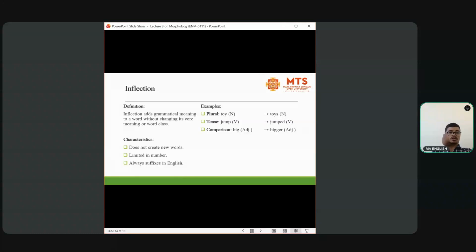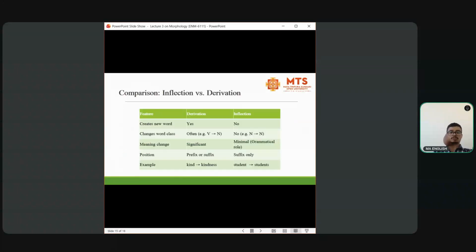All right, so now let's look at the comparison between inflection and derivation. As you can see here, derivation creates new words, and inflection does not create new words, right? Derivation changes word classes, like verb to noun, noun to verb, adjective to adverb, adjective to noun.